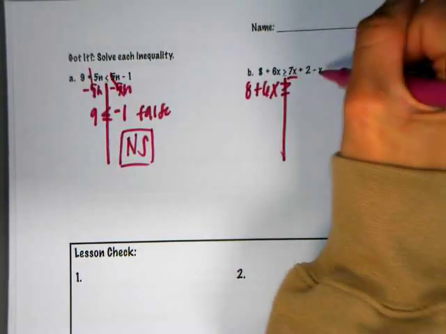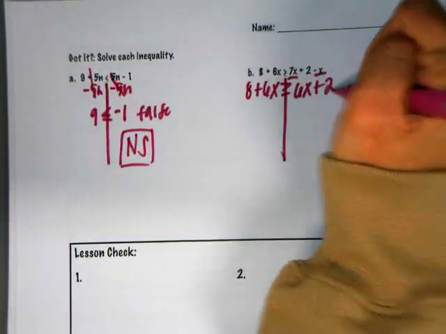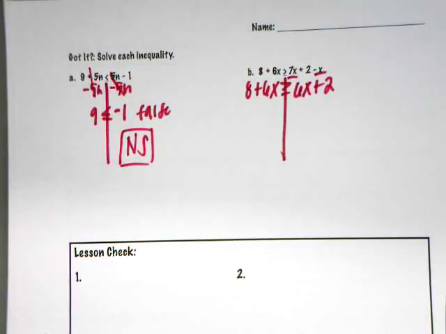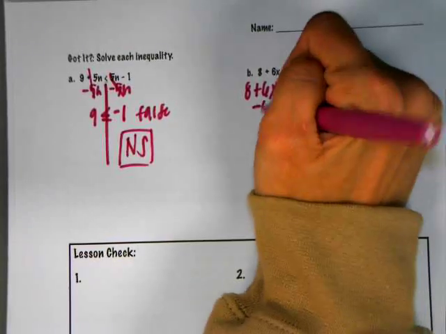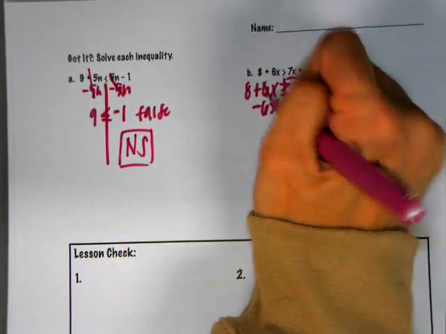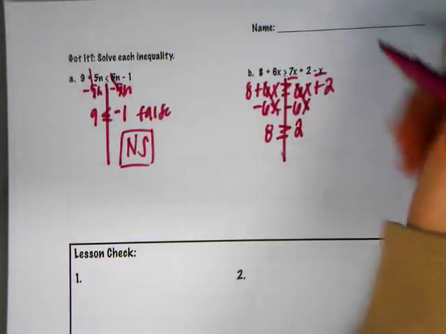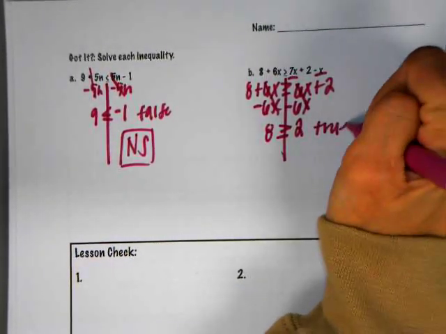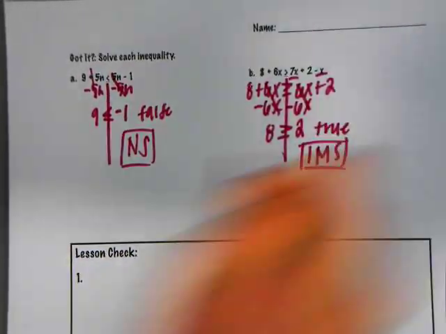So what is 7x minus x? Okay, and then how do you move the 6x over? Yep, minus 6x. So 8 is greater than or equal to 2. True or false? True. So what's your answer? Yep, infinitely many solutions. Good.